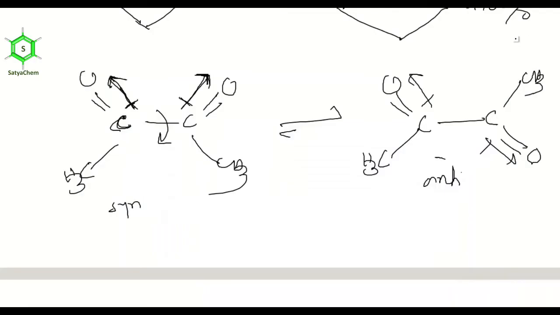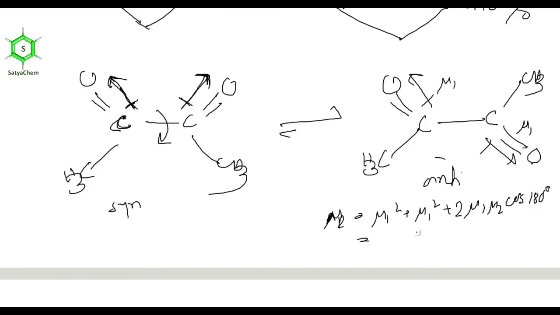Clear? And why do the dipolar repulsions cancel out? Because the angle is 180 degrees, so mu resultant will be the square root of mu1 square plus mu2 square plus 2 mu1 mu2 cos 180 degrees. We know the value of cos 180 degrees is -1, so 2 mu1 square minus 2 mu1 square becomes 0. So the resultant dipole moment is 0. That is why this keto form, this anti-orientation, is very much stable.